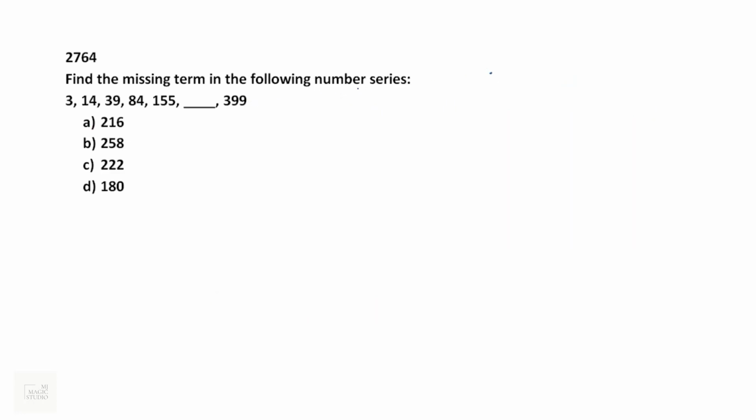Find the missing term in the following number series. And the basic drill in number series is, if you find that numbers are not increasing with a horrendous speed, let's find the difference and prepare the difference table. 14 minus 3 is 11.